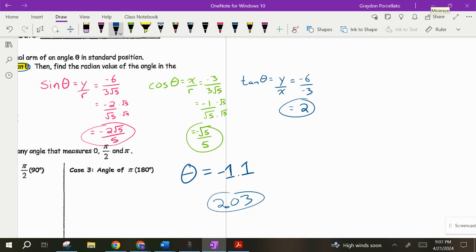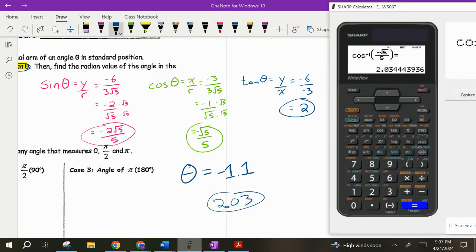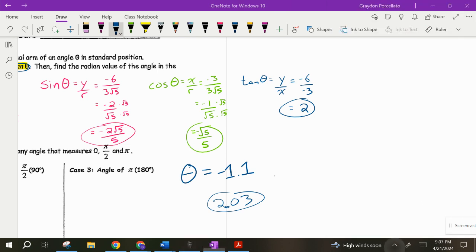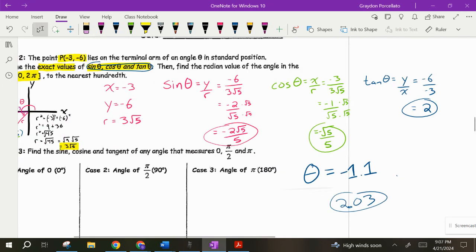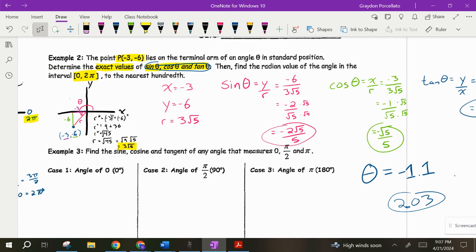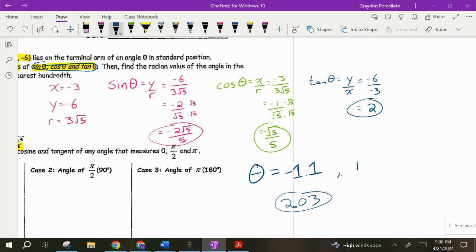Okay, and last one here, what we're going to do is determine, let's do it first, tan. So we're going to do second tan of 2. What do we get? We get 1.11.